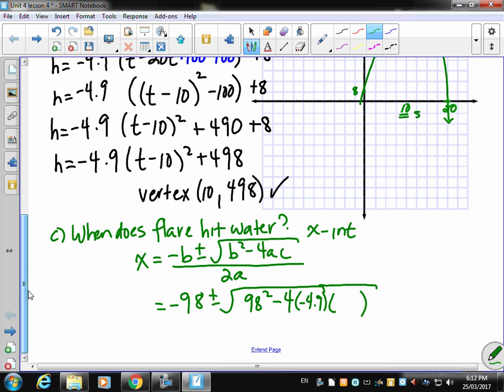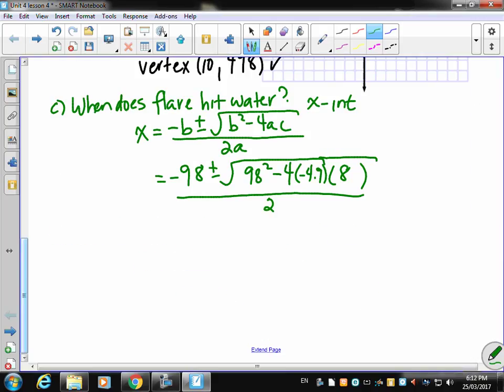The c term was 8, yes. 8, all over 2 times negative 4.9. So now we need to be careful and have a calculator handy, but this should give us two answers, one that's just silly and one that's close to 20.